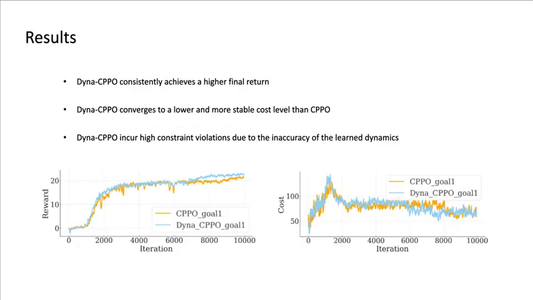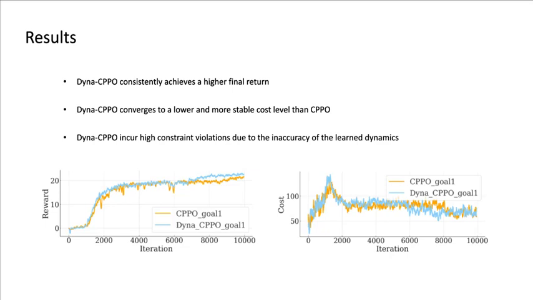So these are the main results that we observed for CPPO and Dyna CPPO. From the left figure, we see that Dyna CPPO consistently achieves a higher final return in the environment point goal 1. And for the right figure, we see that Dyna CPPO converges to a lower and more stable cost level than CPPO.